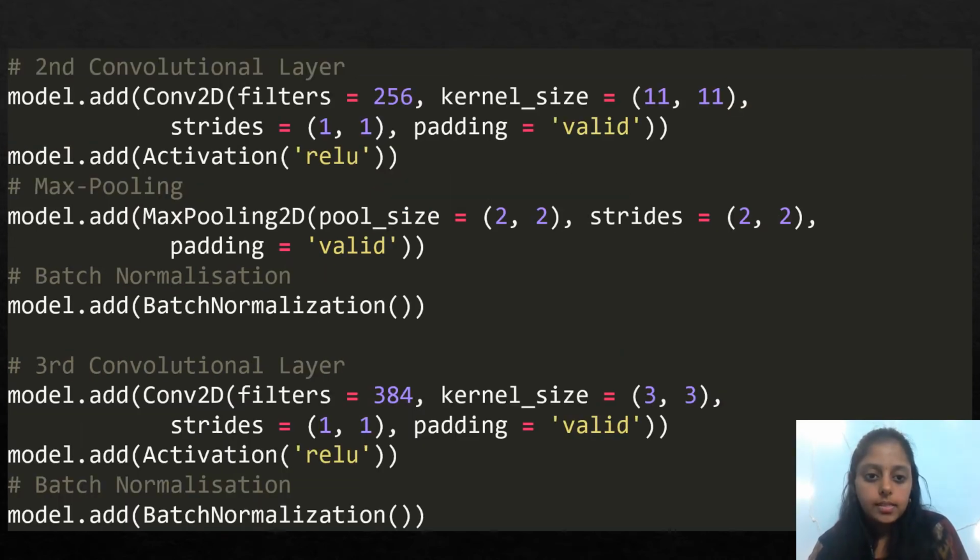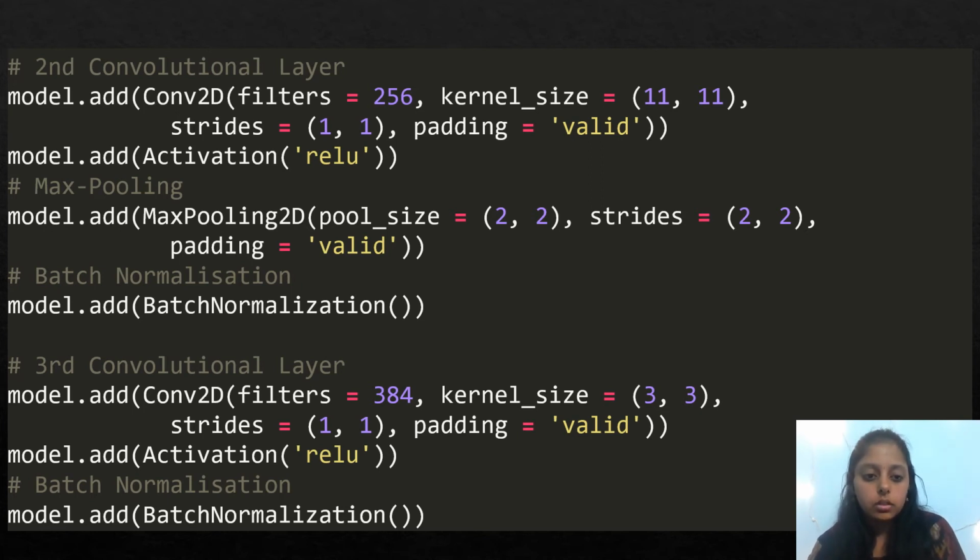In the same way, in the second layer, we have 256 filters and the kernel size is 11 by 11, and the strides we can mention or it may not be mentioned as the stride value is only 1. If it is 2, 3 or 4, it may be mentioned. The padding is valid again and we use the activation function ReLU here, and again the max pooling and batch normalization layers are added.